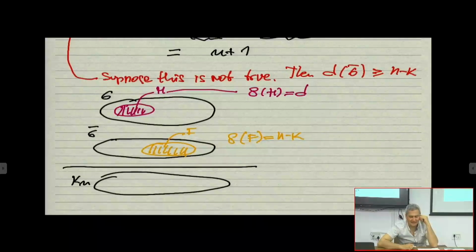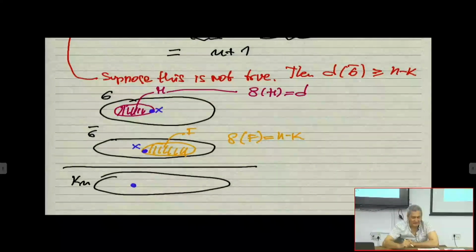Now my question is, if I look at these vertices in H and these vertices in F, can there be some vertex in both graphs? They are all vertices of the complete graph, yes? Can we have a vertex x which belongs here, and the same vertex also belongs in F? Why not? Yeah, something like that. Let's see what happens.